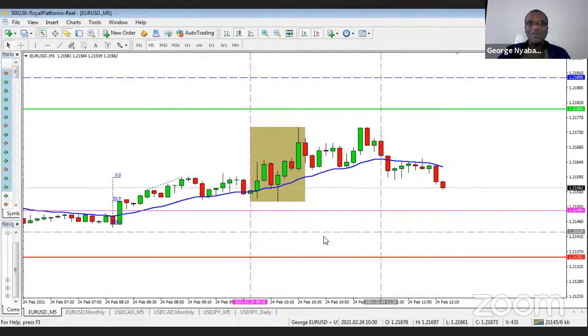It gives us an indication of what's happening. Now, it does not necessarily mean that the moment I see a 20 pip move, I start to take trades. But my mind is now geared up, and it's possible for me to execute a trade.